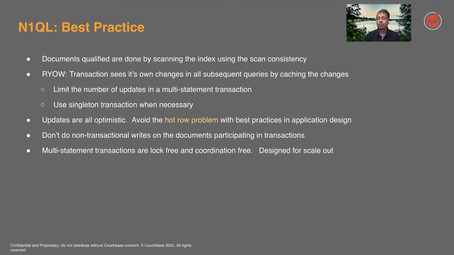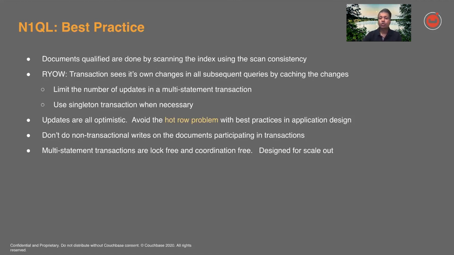All the updates are optimistic. That means we assume there won't be any conflicts when we write, but with optimism we have to be realistic about the real world situation when applications are designed without taking the hot row problem into account.